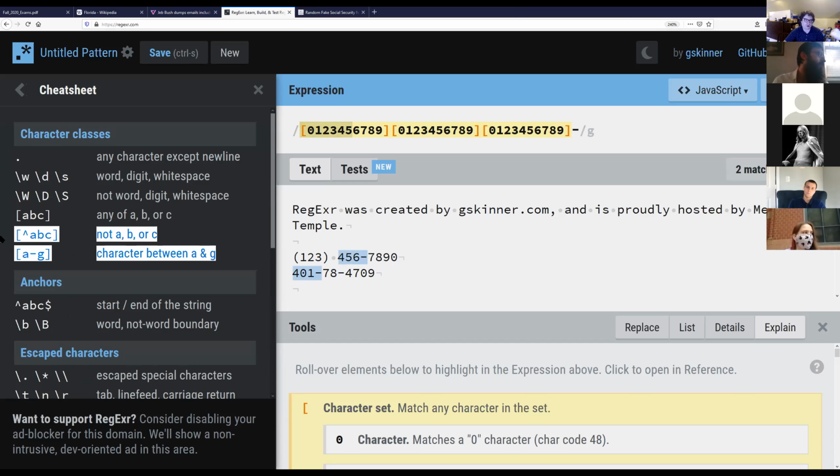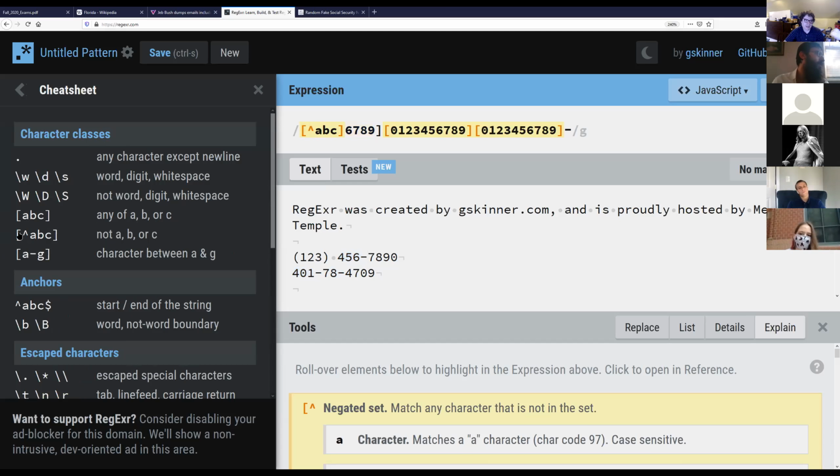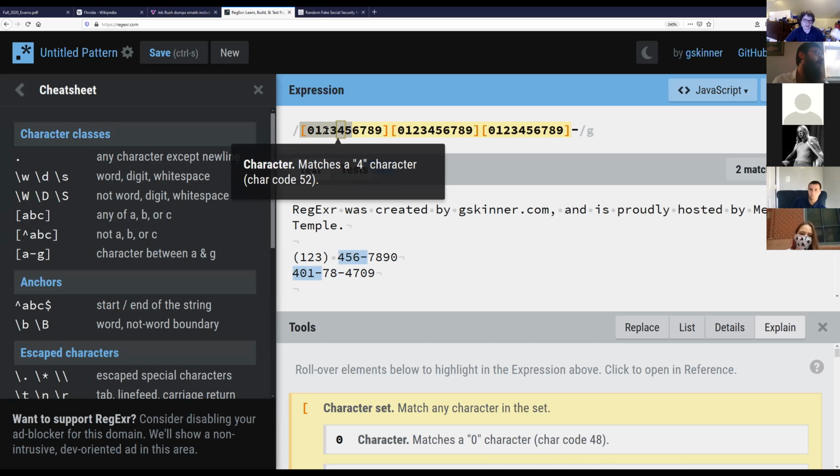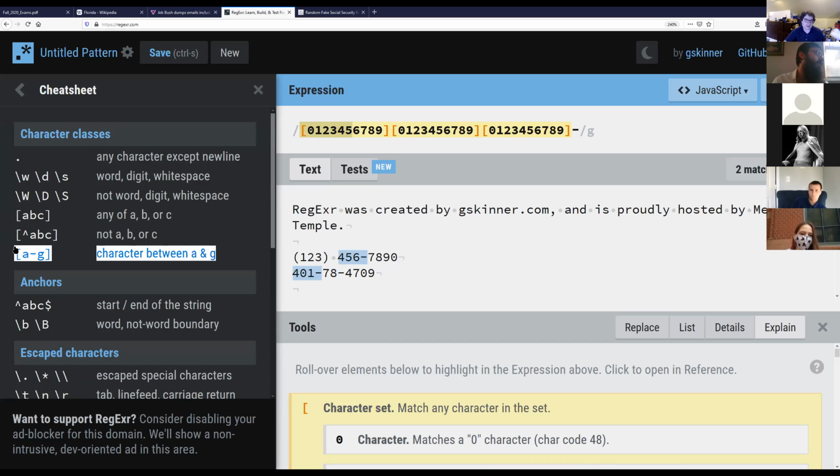You can make your own like this: any of ABC, any of not ABC, so anything that's not an ABC, or anything between A and G. If you did A to Z with the dash, it would search for an A or a dash or a Z. It would look for A through Z.